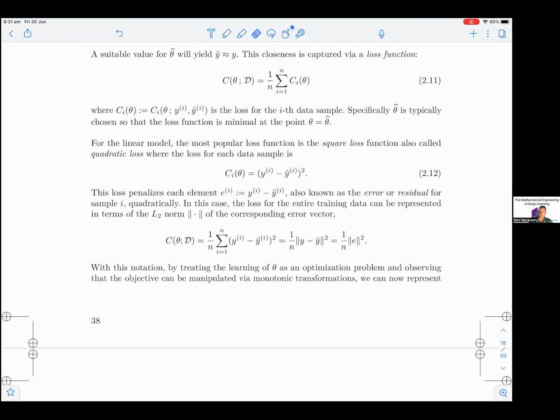So a loss function is denoted via C, and it's a function of the parameter theta, and it's also given the data. So that's the semicolon data.